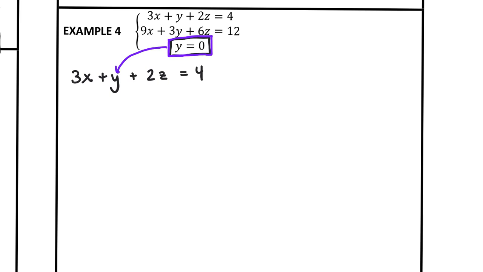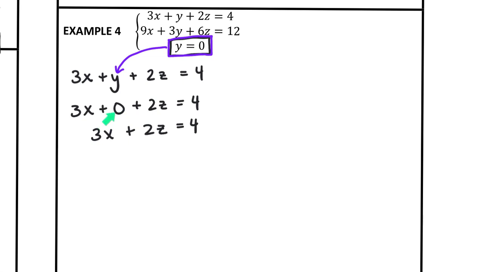We're going to replace y this time. So we have 3x plus 0 plus 2z equals 4. And here we can just combine it. It's like if there's no number there anymore, it's 0. So I can just copy the 3x, copy the 2z, and copy the equals 4.